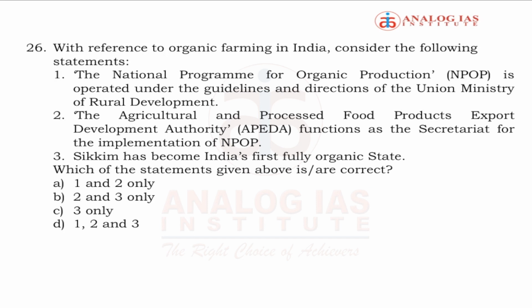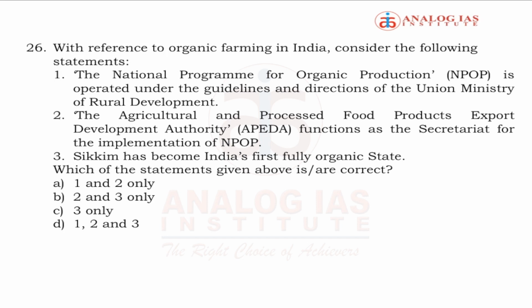Statement number 2 says the Agricultural and Processed Food Products Export Development Authority functions as the secretariat for the implementation of the National Program for Organic Production. This is absolutely appropriate. APEDA is the secretariat for the NPOP.